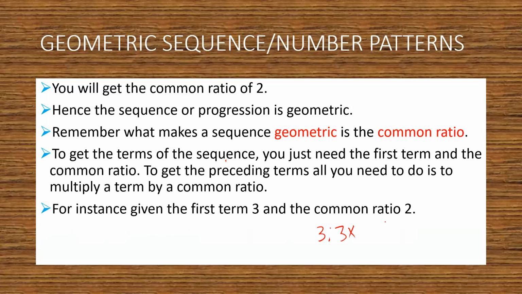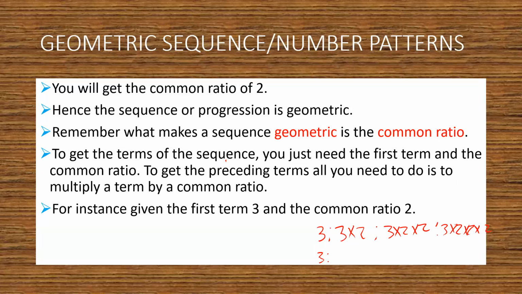And how do you get the third term? 6 times 2, which is 3 times 2 times 2. Do you agree with me? And the next one will be 3 times 2 times 2 times 2.